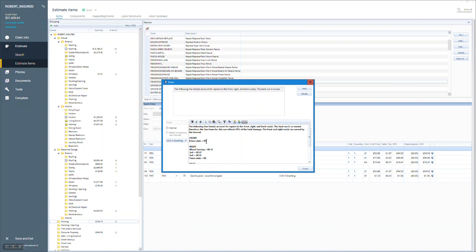So let's say on the front, there's 4 slats. I'm just picking numbers here. Then let's say on the right, we had 8 slats, and we had 8 lineal feet of fence damage.